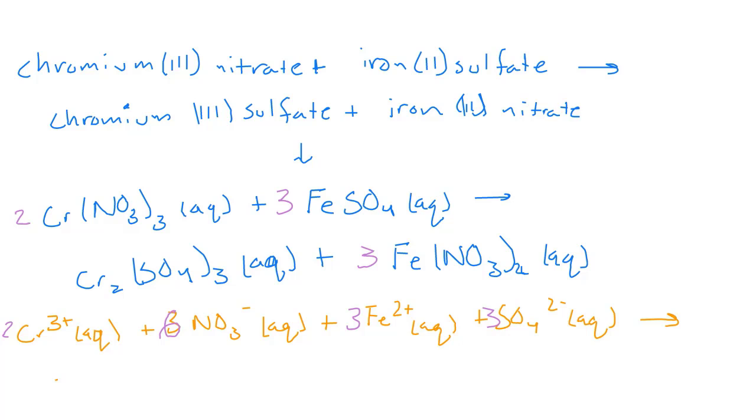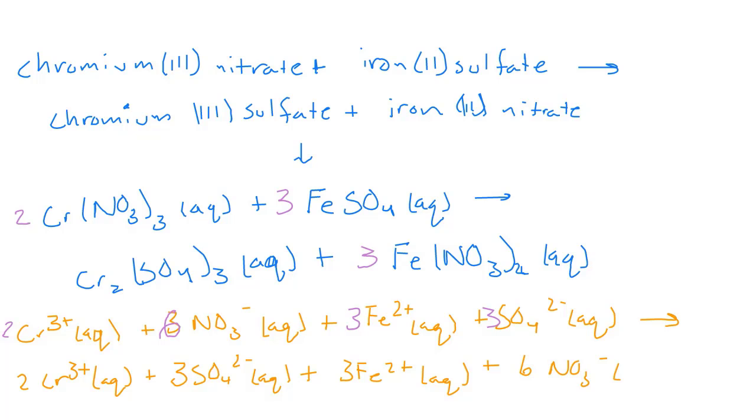So go ahead and write the rest of it. Cr 3 plus aq, plus 3 SO4 2 minus aq, plus 3 Fe 2 plus aq, and then plus 6 NO3 minus aq. All right, so that's going to be our complete ionic equation.